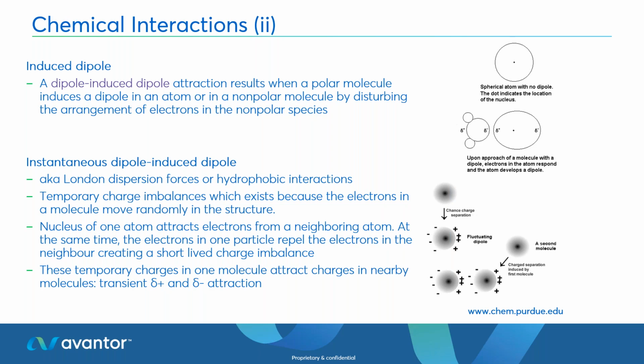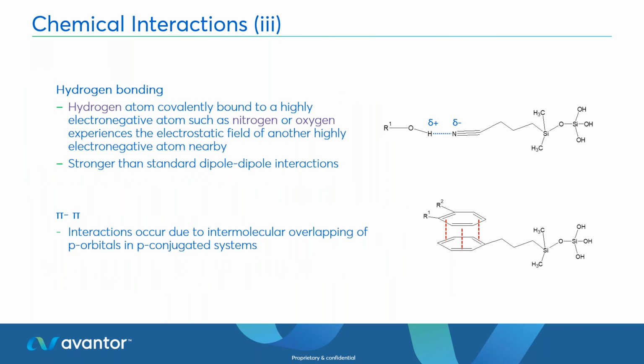There's lots of potential chemical interactions that we've got available to help retain compounds. That's what we really want to do. We want an interaction of our column with our compound to give us retention. And the more different interactions we have available, the more opportunity we've got to change the selectivity.